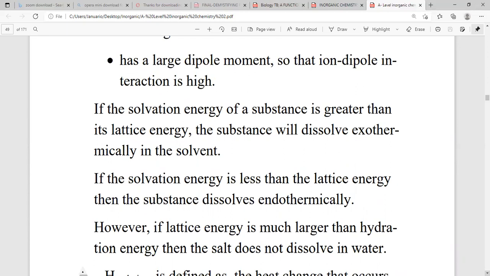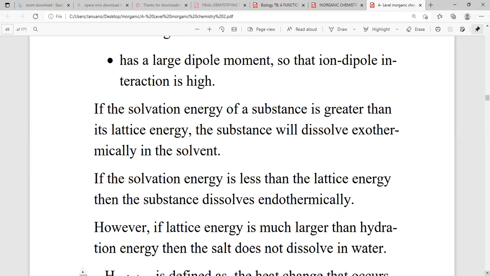Once the hydration energy, or the solvation energy, is very great and negative, the positive lattice energy won't counteract the negative hydration energy. So you expect the substance to dissolve exothermically in the solvent. If the solvation energy is less than the lattice energy, then the substance dissolves endothermically.